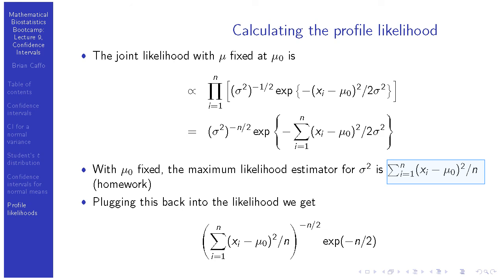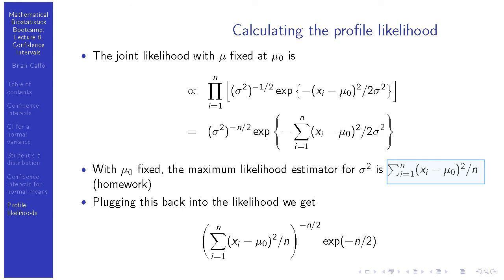That's actually a nice result, right? If you fix mu at a particular value, then your MLE for sigma squared is the sample variance, but instead of plugging in the sample mean and subtracting deviations around the sample mean, you're subtracting deviations around that specific value of the mean. So it's a nice little result.